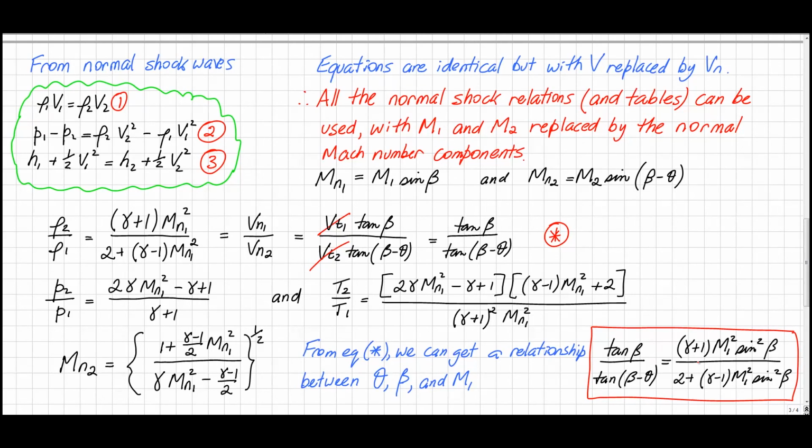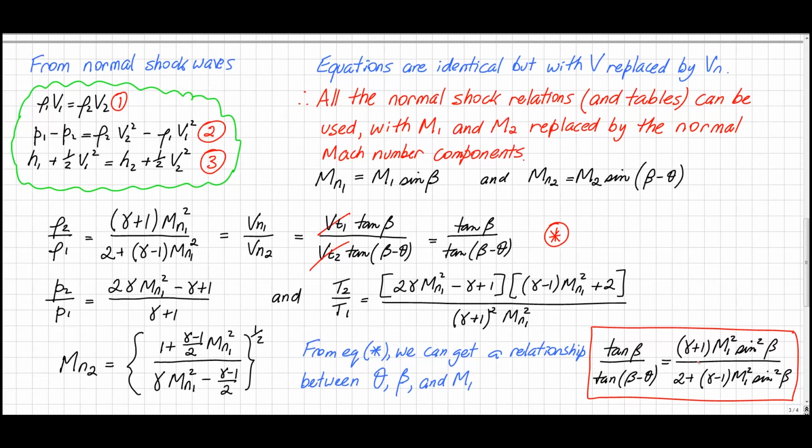Let's just have a quick review of what we've developed here. We have expressions for the change in static pressure, static temperature, and static density across an oblique shock wave. Just as for the normal shock wave, we found that these ratios depend only on the ratio of specific heats, gamma, and the Mach number upstream of the shock wave. In this case, the component of Mach number normal to the shock.